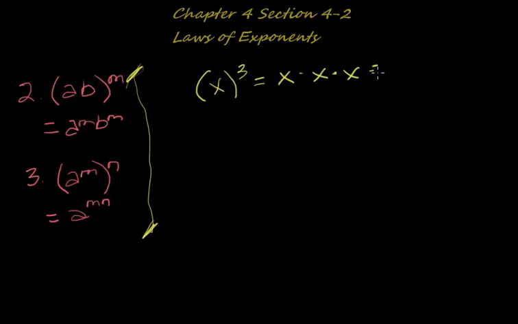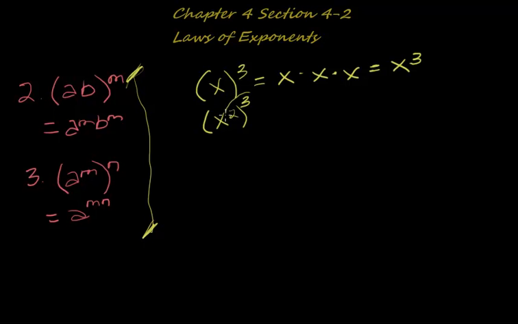So this is x times x times x, which from the first law of exponents you know is x to the third. Now, what if this was x to the second, all to the third?